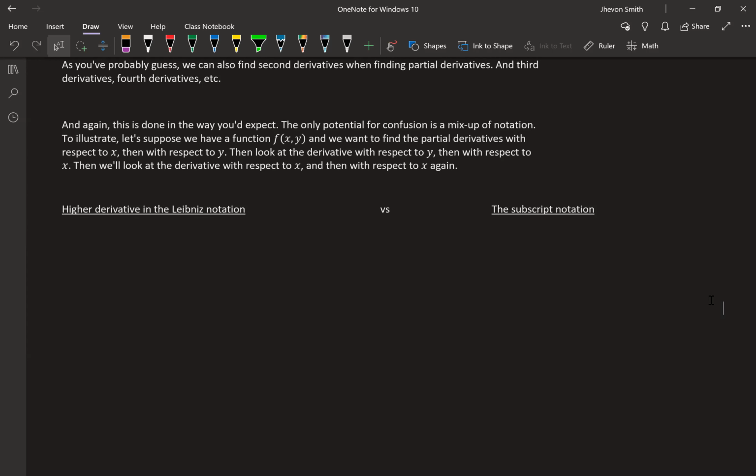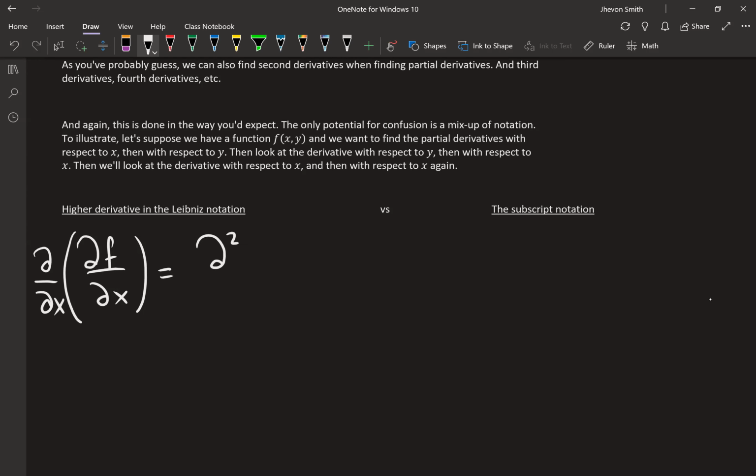Now, what I do want to make sure that you are correctly identifying is the notation when doing this. Here's an example. Suppose I have a function f and I took the partial derivative with respect to x. And then I took the partial derivative of that with respect to x again. Then according to the Leibniz notation, very similar to single variable calculus, it would be d squared f over dx squared.